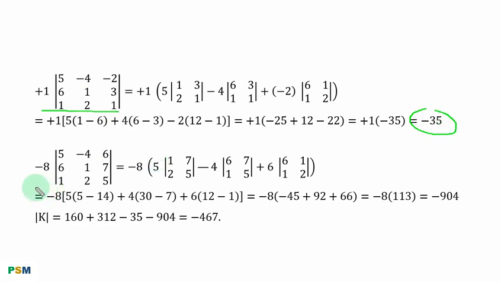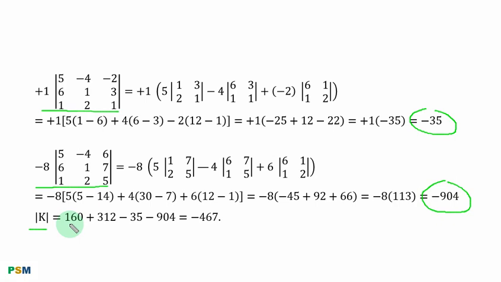Next is the last 3 by 3 minor matrix. With similar procedures, you have minus 904 as the determinant. Therefore, the determinant of matrix K is equal to the addition of all the results from the 3 by 3 minor matrices.